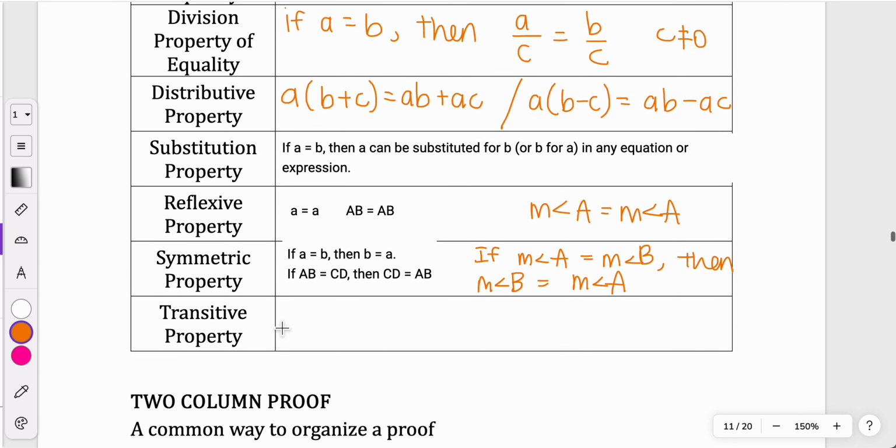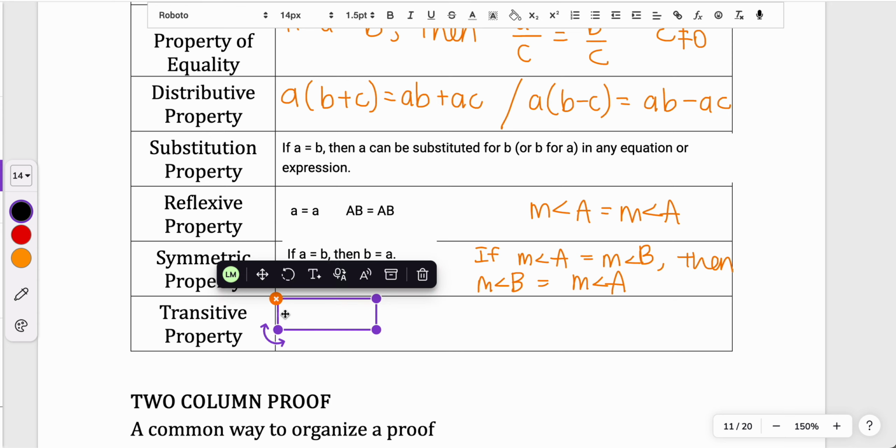The transitive property is very similar to the substitution property, except now it's more so of a domino effect, so you end up using the transitive property more often. So that one could be if A is equal to B and B is equal to C, then A is equal to C. So notice how I created that domino effect.